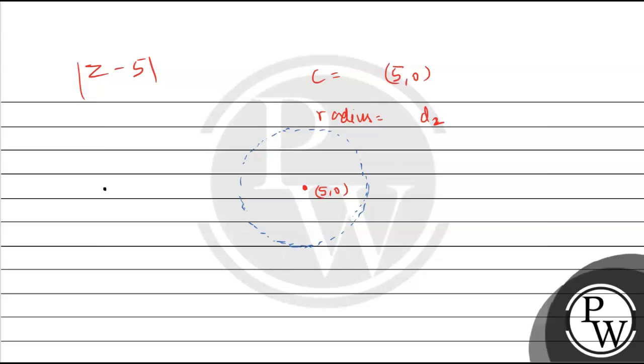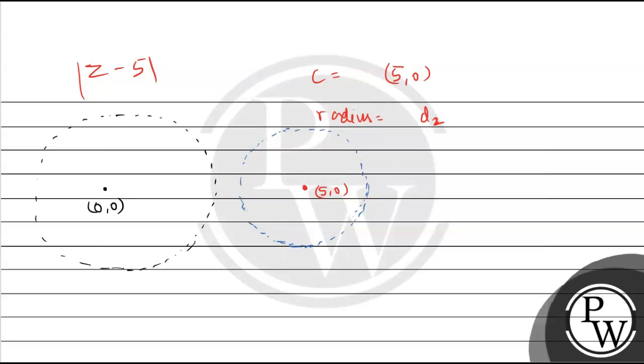This z will be lying on any of these circles. We don't know the radius of these circles, but we know the center points and we have to find the minimum of this summation.